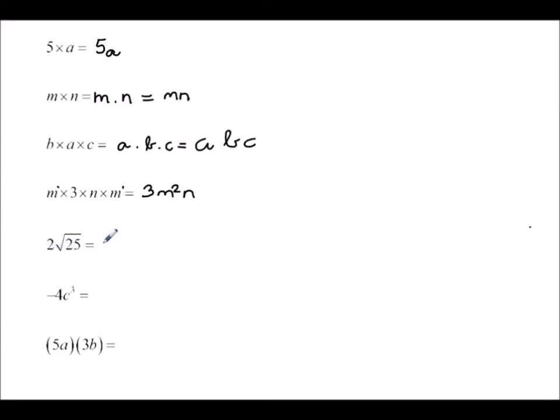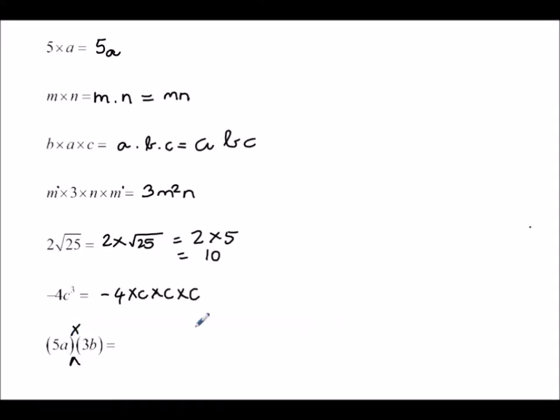This means 2 multiplied by the square root of 25, which will equal 2 multiplied by 5, which will equal 10. Negative 4c cubed actually means negative 4 multiplied by c multiplied by c multiplied by c. 2 brackets together like this means multiply.